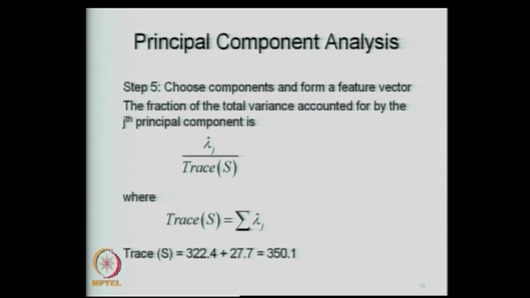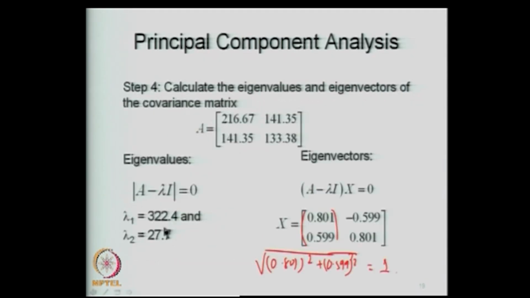Now, I just mentioned the relative magnitudes of the eigenvalues. One is 322.4, another is 27.7. These have an implication on how we choose the principal components, how many of the principal components we choose.